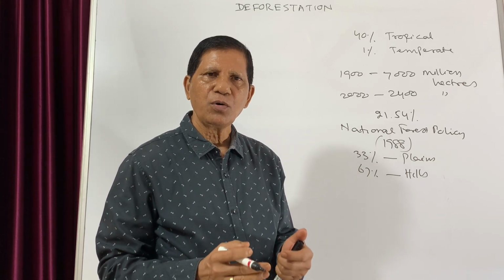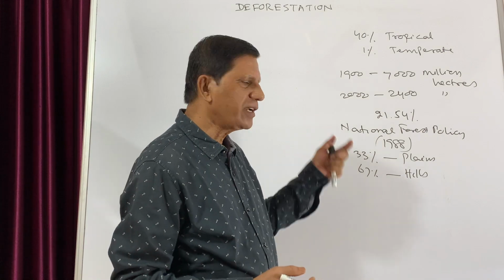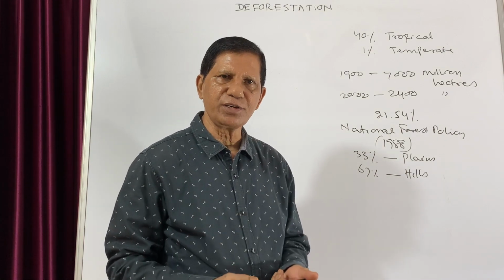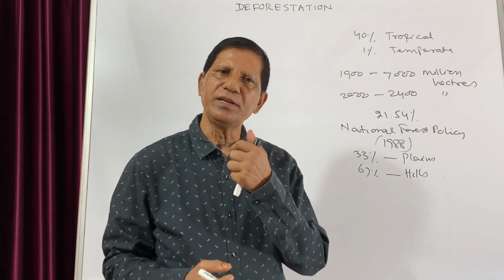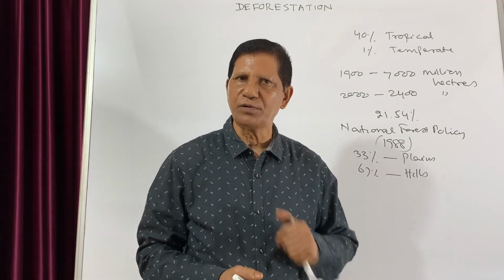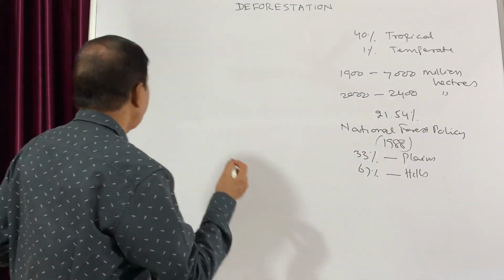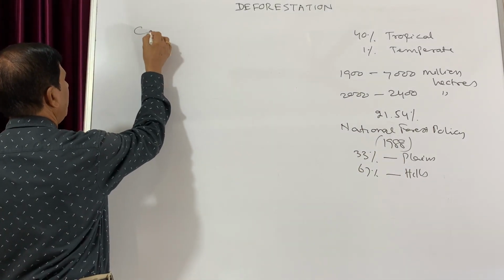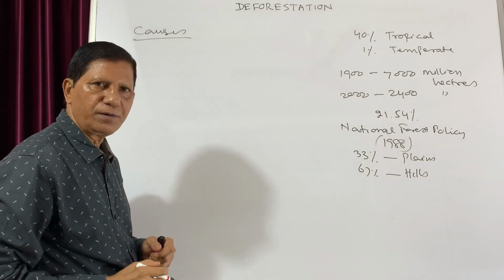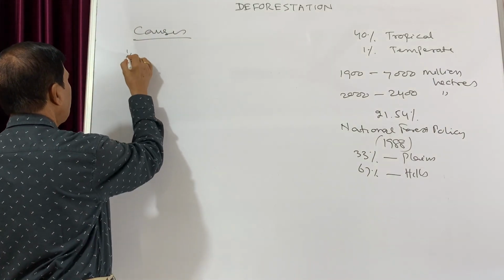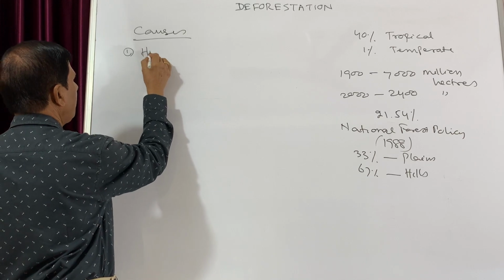Now, why is there such cutting of trees, why is there deforestation, what are the causes of deforestation, and what will be the different effects that we have to discuss. First, if we discuss the different causes of deforestation, then the first point that will come is human population.